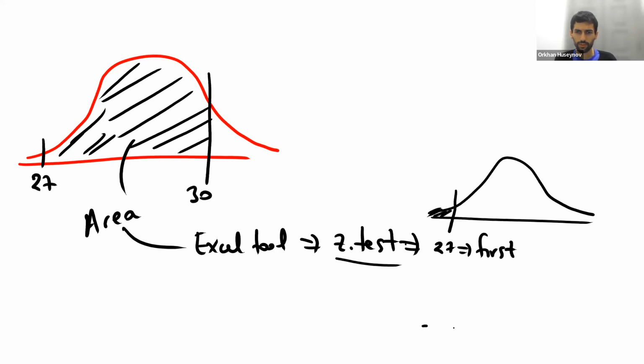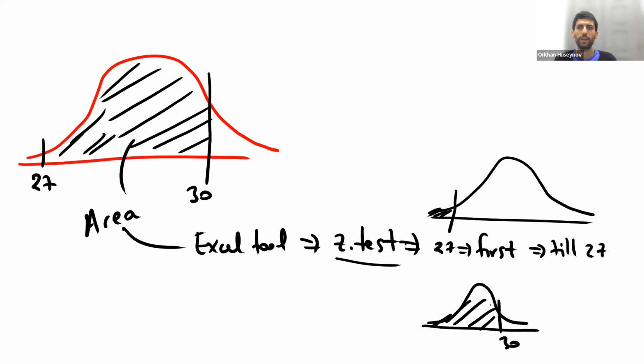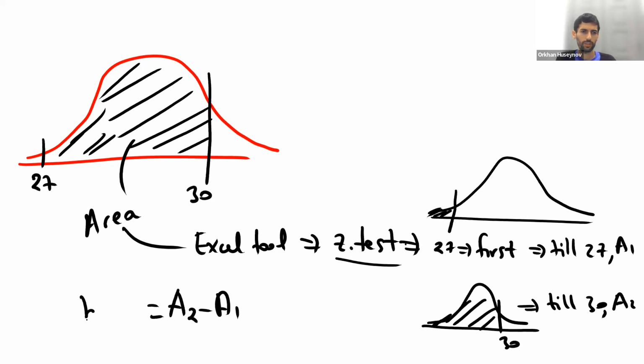And then second, it will calculate the area till 30. This will be area 2, and this one will be area 1. Okay. So to find the area between 27 and 30, you have to subtract area 2 minus area 1. This is what you are going to use Excel for.